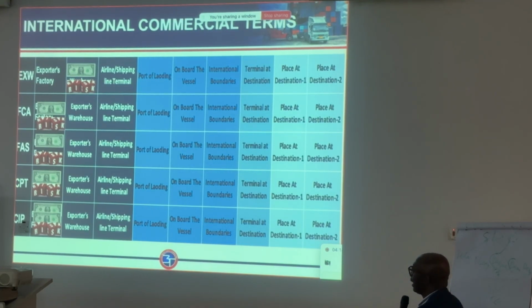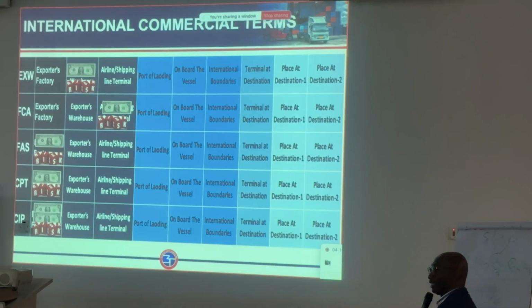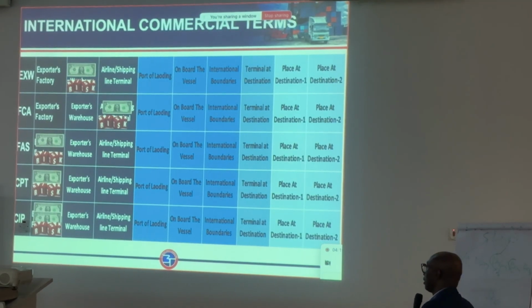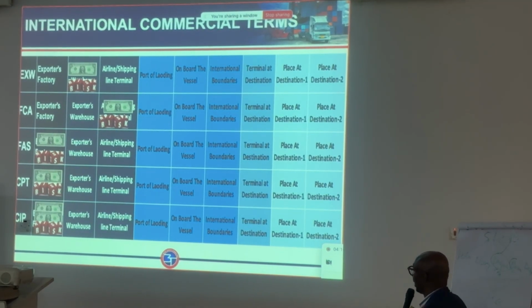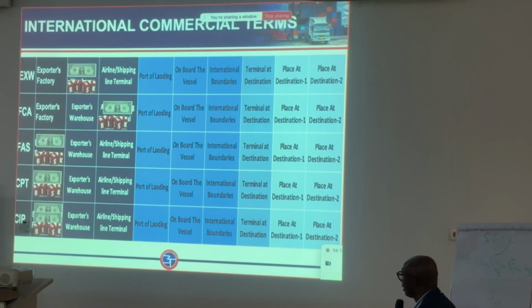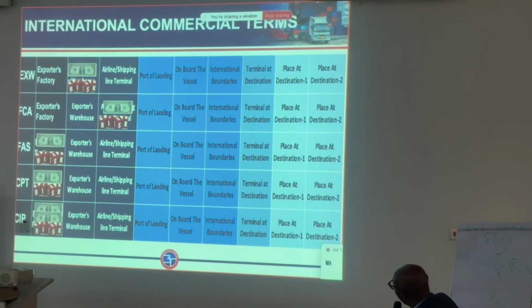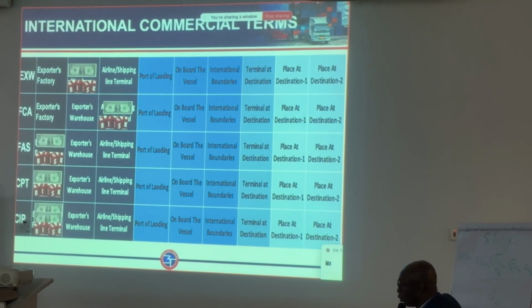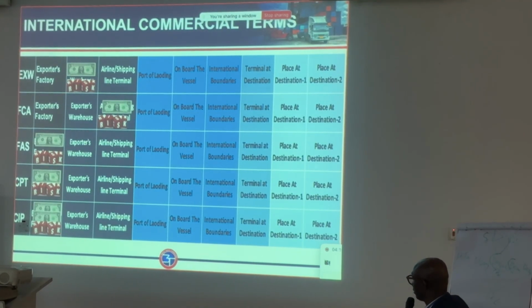That is EXW. In FCA, free carrier, the exporter's risk and cost end when you get to a terminal in China. From that point on, the importer takes responsibility. He is still going to arrange for the moving of the goods from that point to the port and from the port to Nigeria.